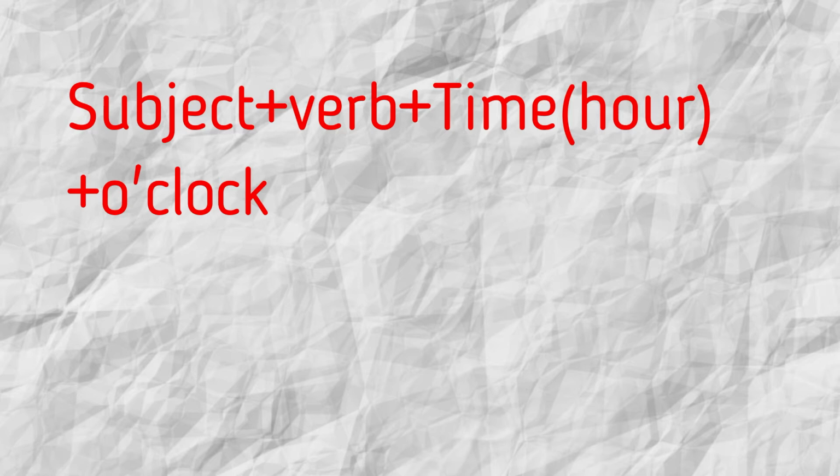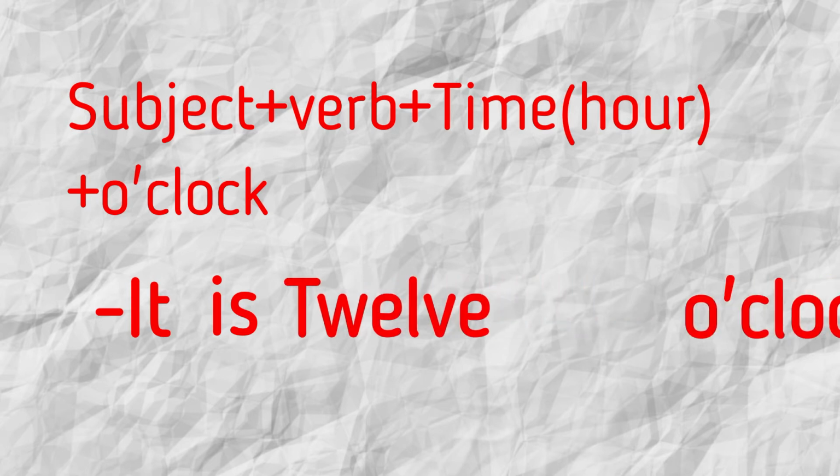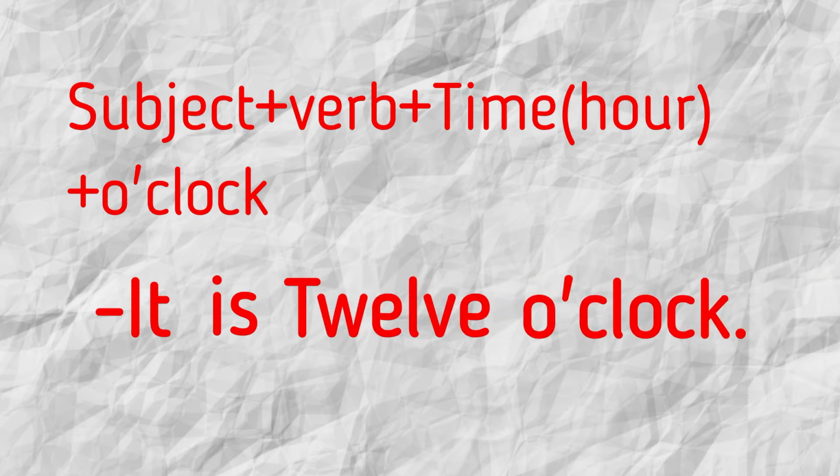Because we have hours as the time, and we use o'clock with hours. So, an example. Here, it is the subject, is the verb, 12 is the time in hours, plus o'clock.